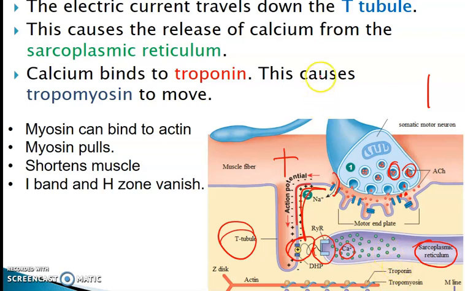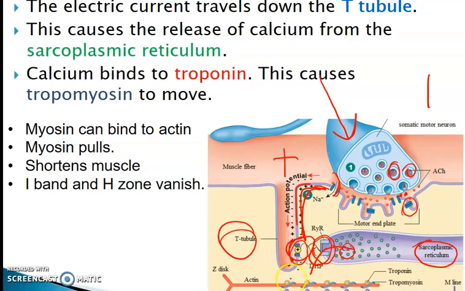So again, action potential or electrical current comes down, releases acetylcholine. Acetylcholine binds to its receptors, lets sodium in, creates another action potential or electrical current, goes down to these special receptors, opens this door on the sarcoplasmic reticulum, and lets calcium out. Wait, what did calcium do?